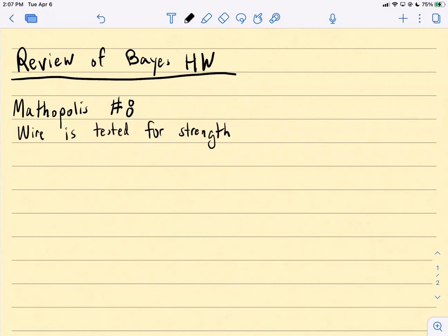The test gives a correct positive result with probability 0.85 when the wire is strong. So the test is correct, positive, when it's actually strong, with a probability of 0.85.